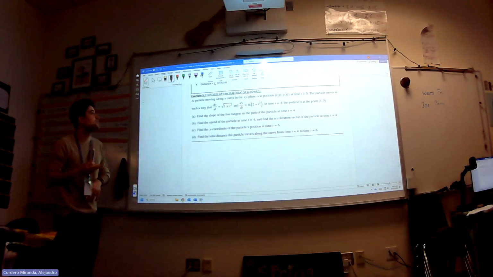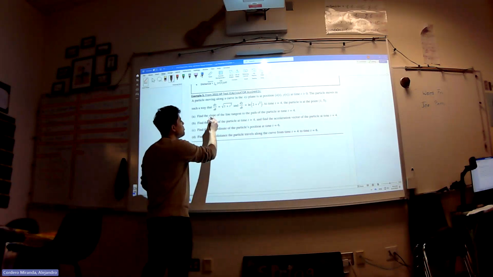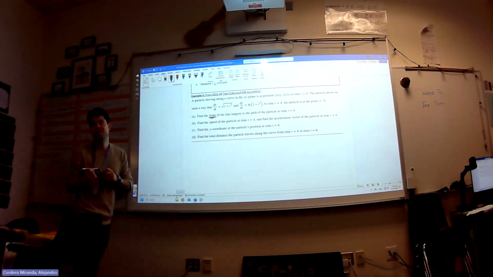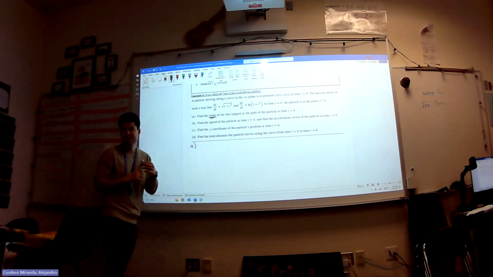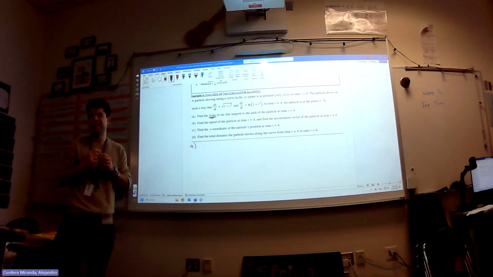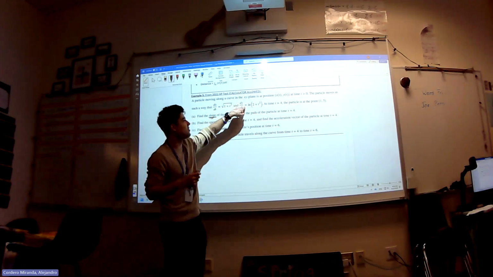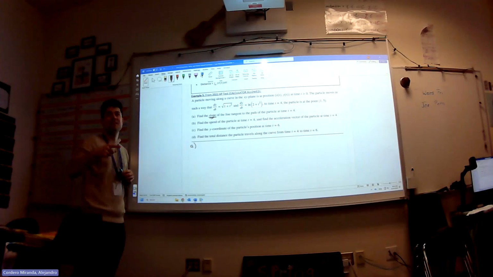Okay, so slope of the line tangent to the path. When you hear slope, you see that word, what do you think you should do? Yeah, but there's a lot of derivatives. There's dx dt, there's dy dt, there's other derivatives that you missed actually. But yes, you should be thinking derivative.